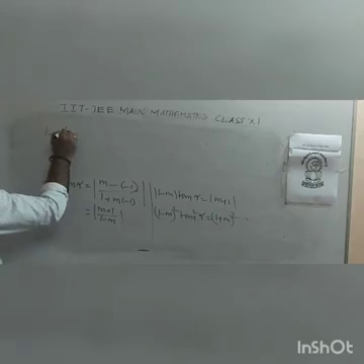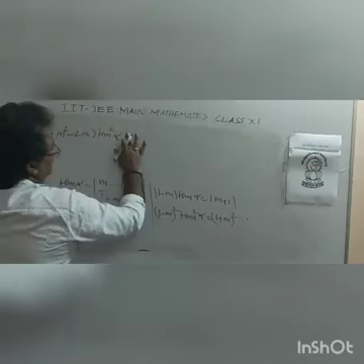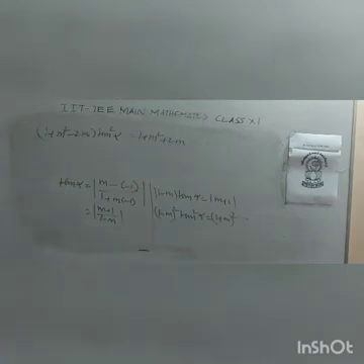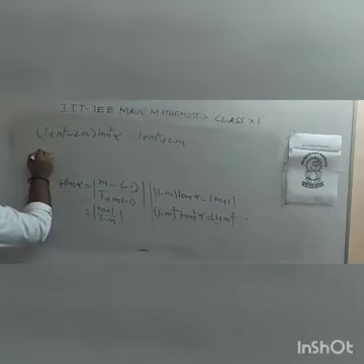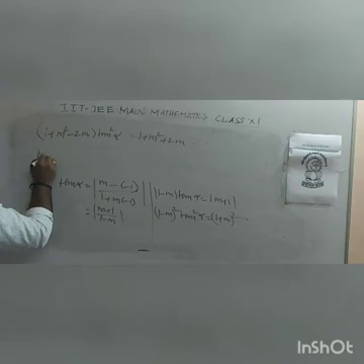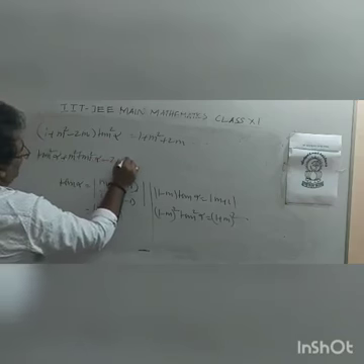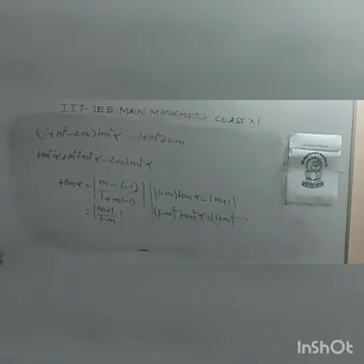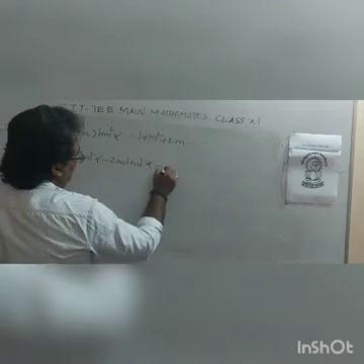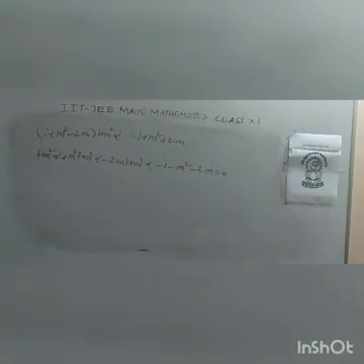So 1 plus m squared minus 2m into tan square alpha equal to 1 plus m square plus 2m. Expanding, m square tan square alpha minus 2m tan square alpha plus tan square alpha minus 1 minus m squared minus 2m equal to 0.